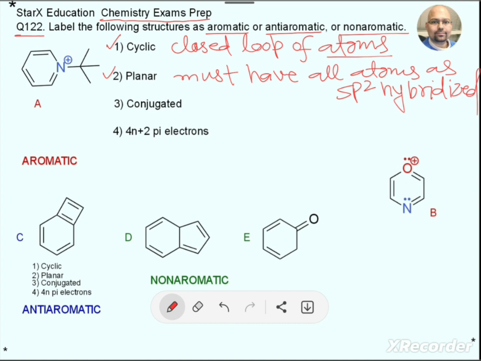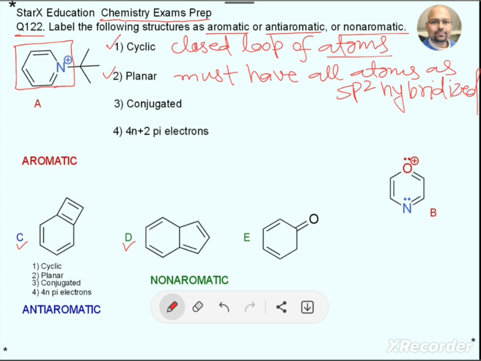Now there may be a heteroatom or just the carbon atoms. For example, in structure D, there are only carbon atoms in the cycle. So are in species C, but species A has a heteroatom, nitrogen, here. So this part of the molecule is what is being considered to be aromatic, not the whole molecule.